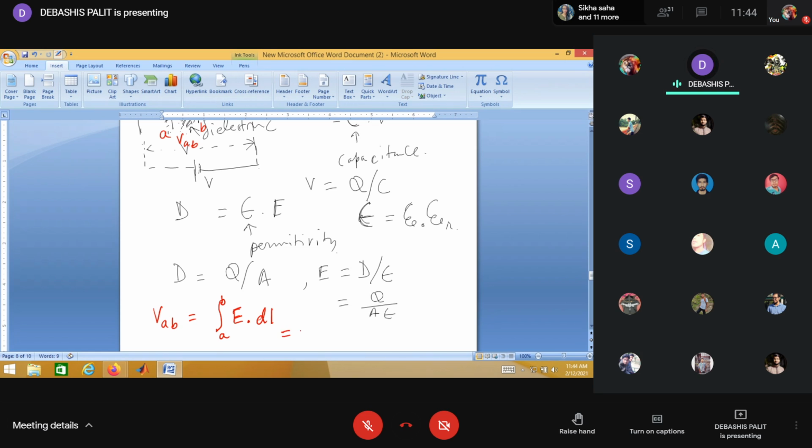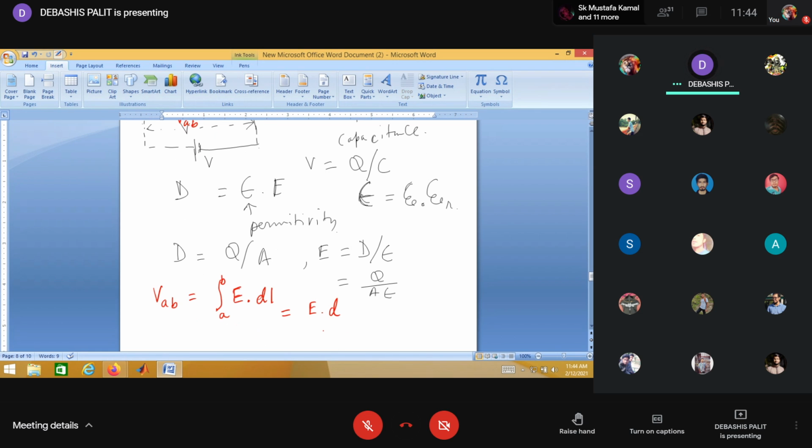That is nothing but E into d, where d is the separating distance between the two plates.